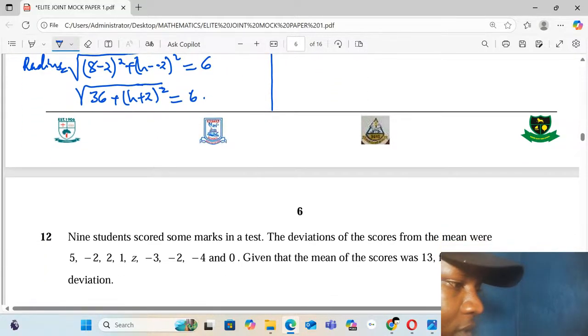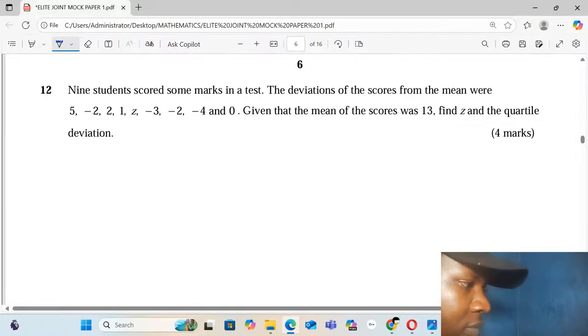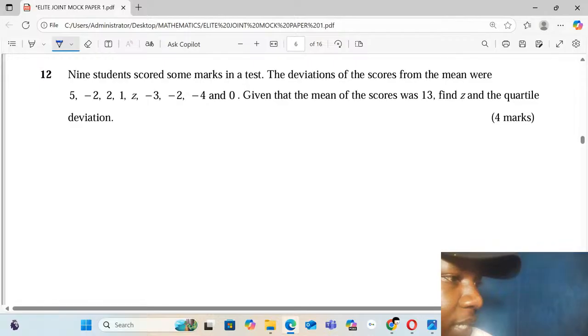You can move to question number 12. Question number 12. Nine students scored some marks in a test. The deviations of the scores from the mean were 5, -2, 2, 1, Z, then -3, -2, -4, and 0.